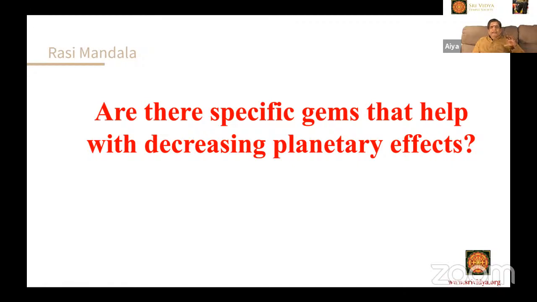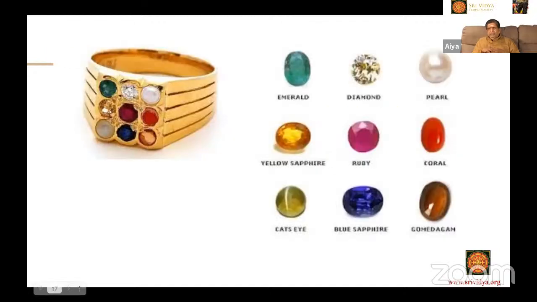So there will be 9, and the 9 gemstones will be arranged on the ring that you are wearing, exactly in the shape of the Rasi Mandala, the Navagraha Mandalam. And you should take care that the diamond is facing away from you when you wear it.